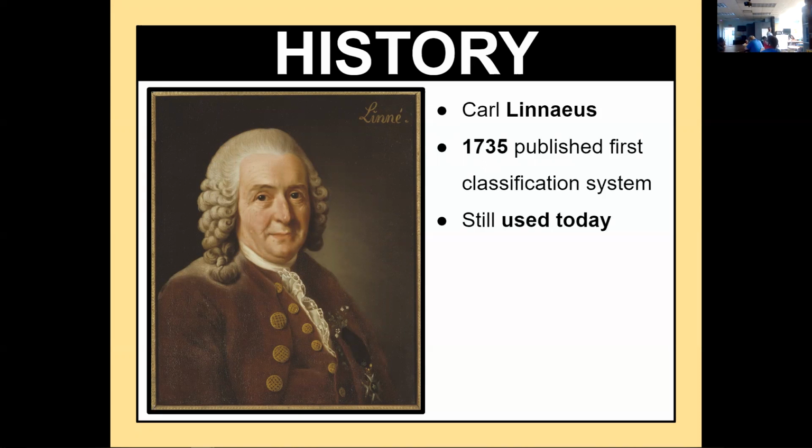The scientific community at large adopted that system, and we still use it today. There are some changes. I'll go over one of the changes that happened within my lifetime. But overall, this is the same system.